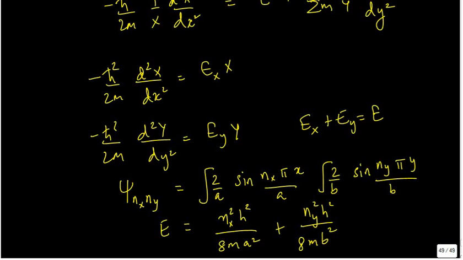What are these waves like? The waves are on this rectangle. So the first wave, when nx equals 1 and ny equals 1, if you look along the x direction, this wave is like this, right?